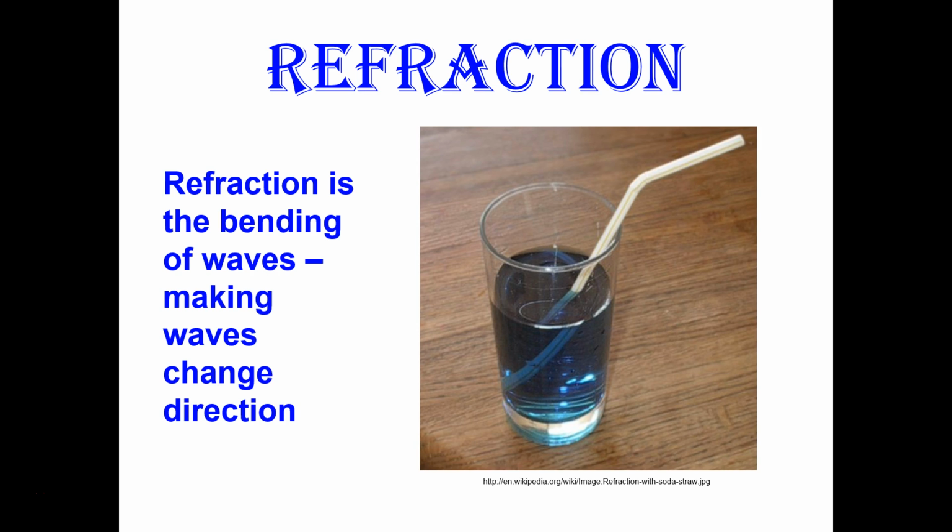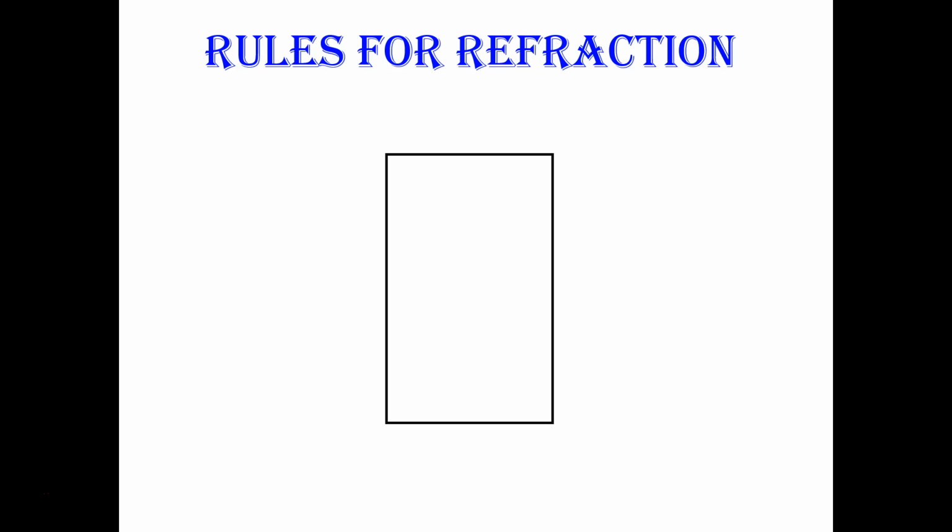And so the air particles slow the waves down less than the water particles do, for example. This bending of light makes it look as though the straw has been cut in two by the water, when it really actually hasn't. Let's take a look at the refraction of light in much more detail.